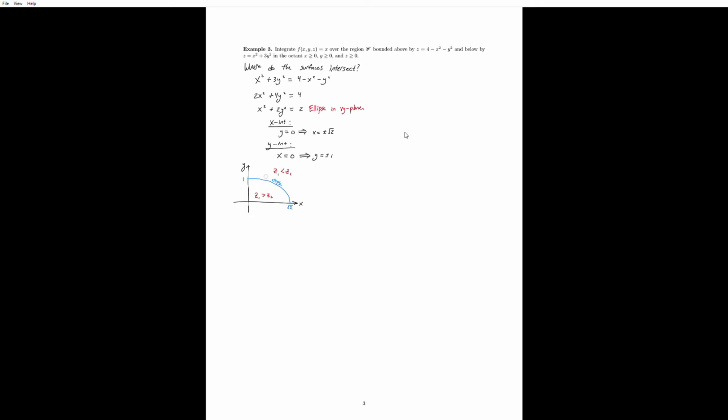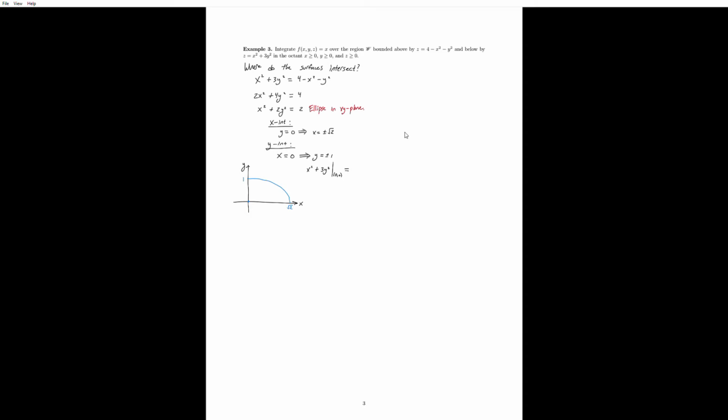So what we really want to know is, in this region here, which surface is bigger than the other? Well, let's just pick the point 0, 0 to plug in as a test point. We can take x squared plus 3y squared, plug in the origin.